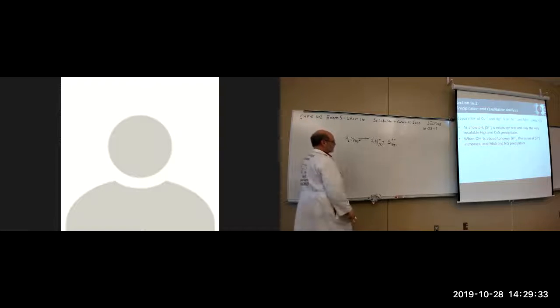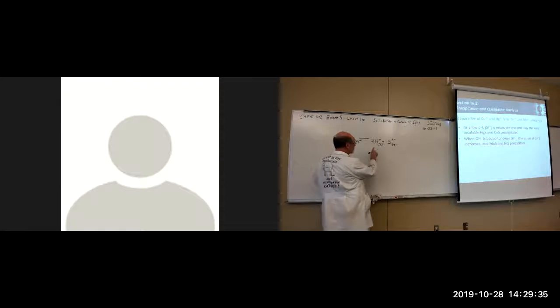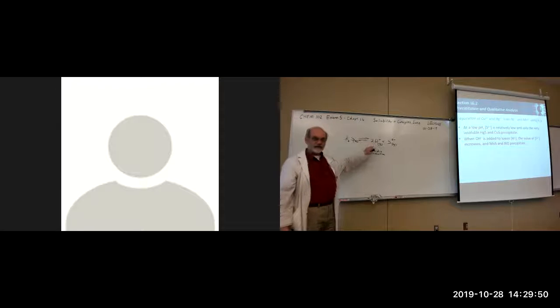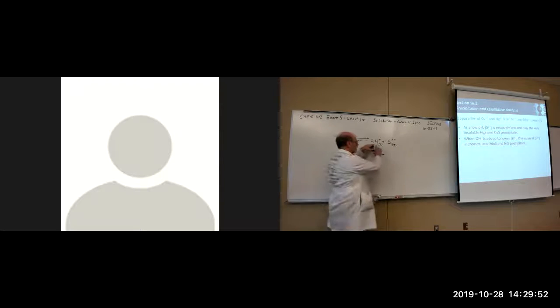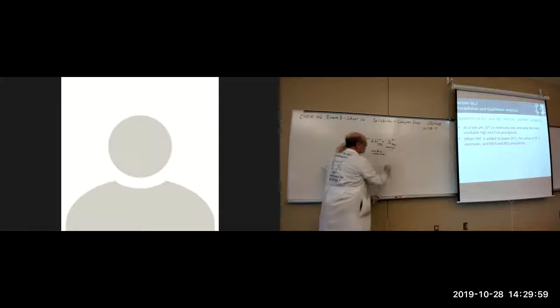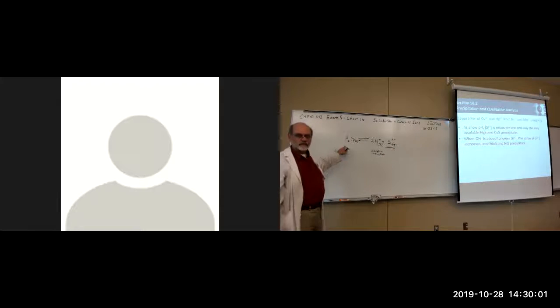So look what happens. If this is an acidic solution, what does that mean? That means we've added a lot of hydrogen ions to this solution. And what does that do? It combines with the sulfide and produces this one, which removes sulfide ion from solution.